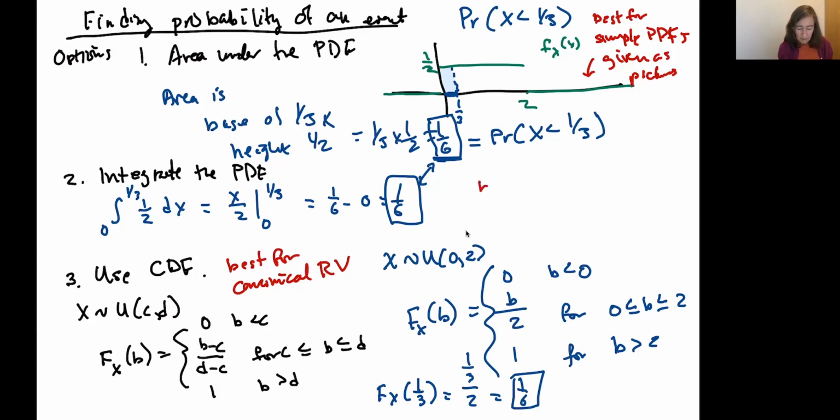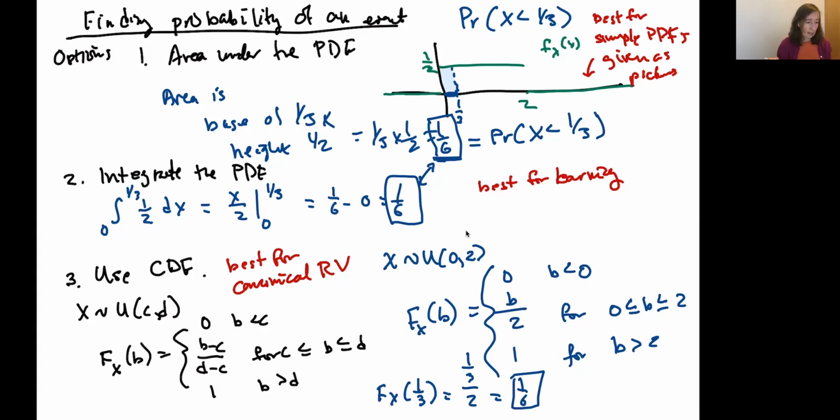Integrating the PDF is best for learning. And that's why I've encouraged you to use this process now. Not, as I've said, because I am really gung-ho on you guys practicing finding integrals all the time. I really don't care about that, but this is the process that lets you know at the deepest level what's going on here.